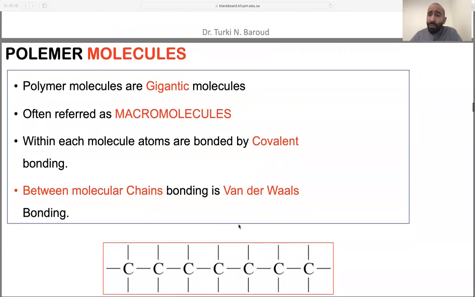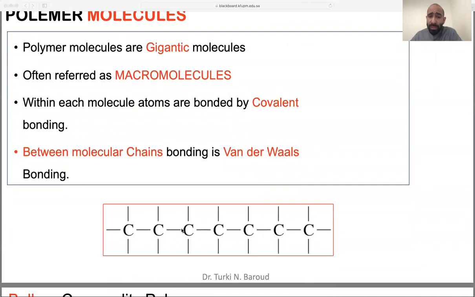Okay, so the bonding between the carbons here is a covalent type of bond. This is a chain of polymer, as you can see here, right? So the bonding here is covalent, and the bonding between the C and the H is also covalent. But the bonding between this chain and another chain will typically be van der Waals.